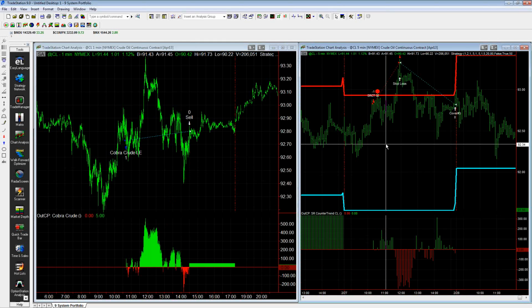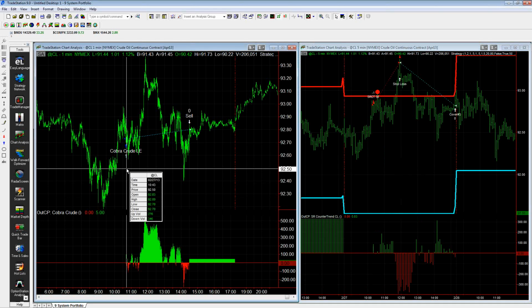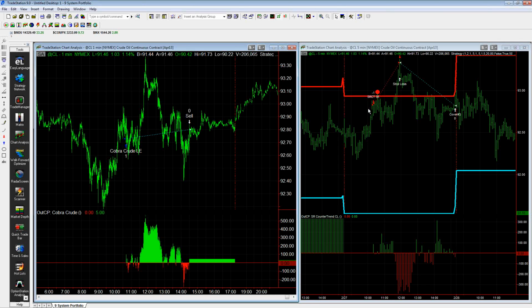So what happens is in this situation you have one account, and this trade goes short at 10:20 a.m. Eastern Standard Time at 92.83, and then at 10:41 this system goes long at 92.73. So 20 minutes later you're going long at 92.73. So what does your account look like in this situation? Basically these are signals. Every time there's a sell signal, that goes to your account, and every time there's a buy signal, that goes to your account.